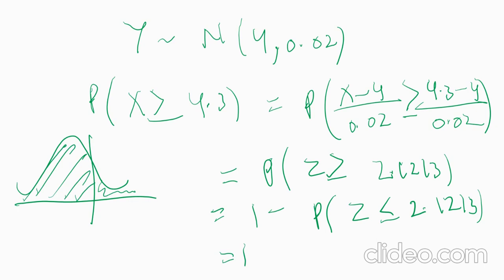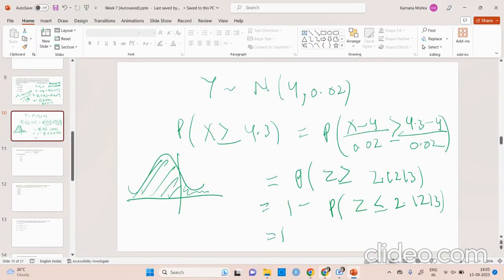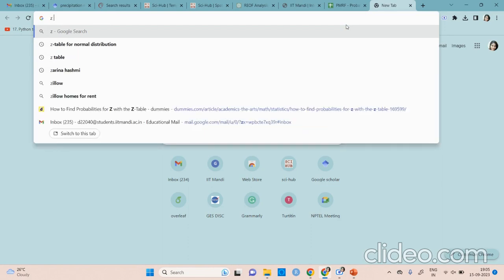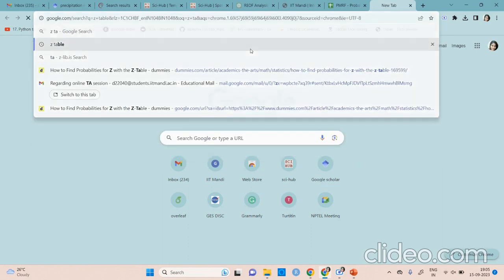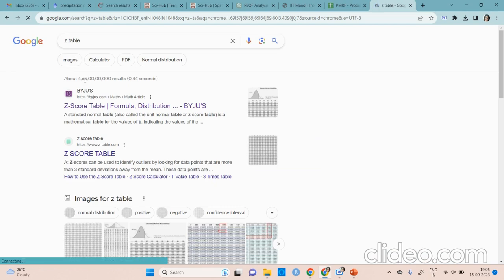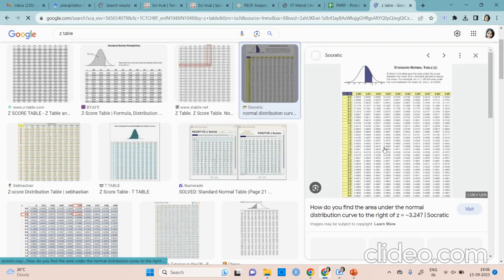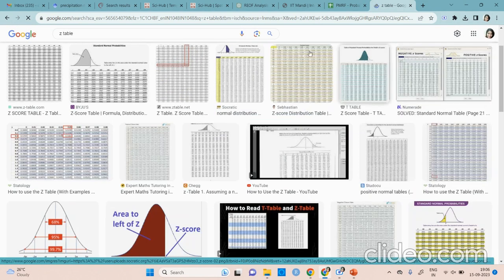To find z greater than this, we can do 1 minus this. So that one we can see, 2.1213. We can just go to the z table, and these are for the negatives.